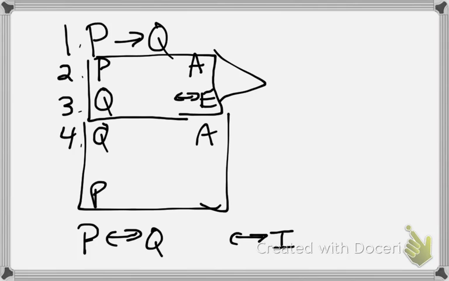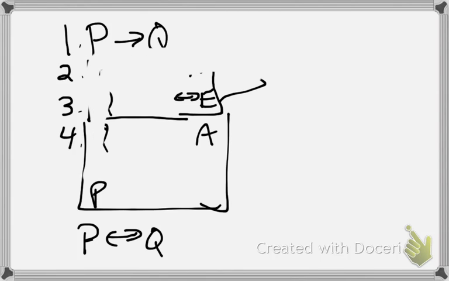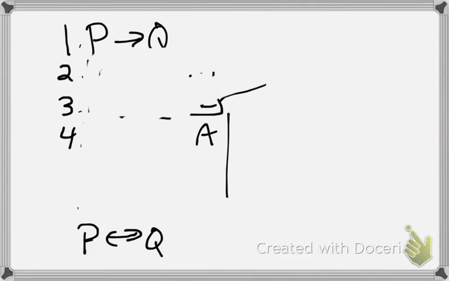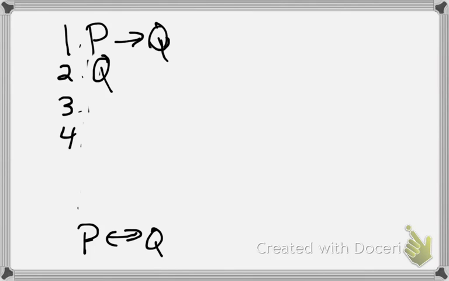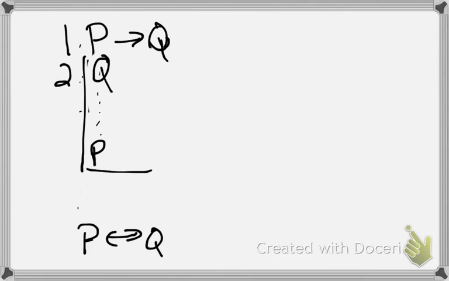We already have P arrow Q, so if instead what we needed to do to get P if and only if Q was just assume Q and somehow use that to get to P, I don't know how many lines that's going to take, which we're going to have to do anyway in the double arrow in proof.